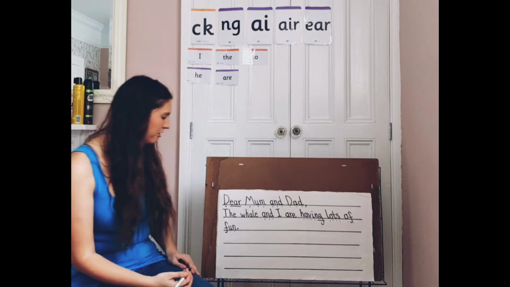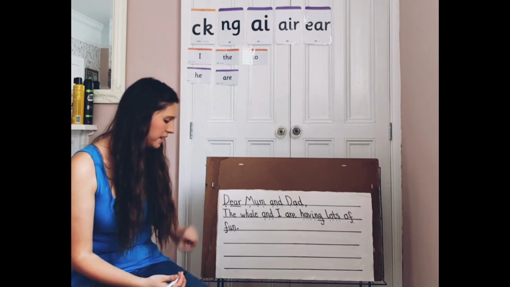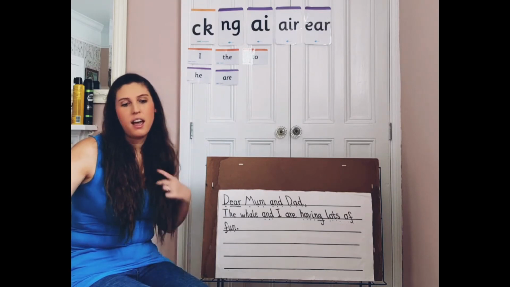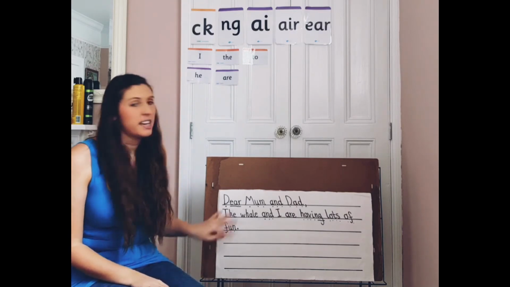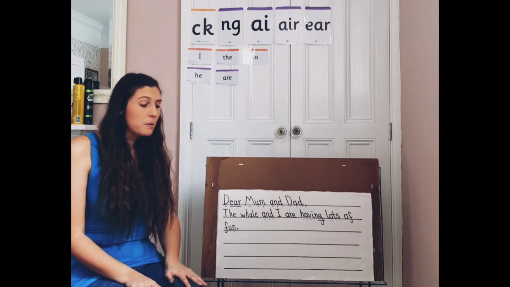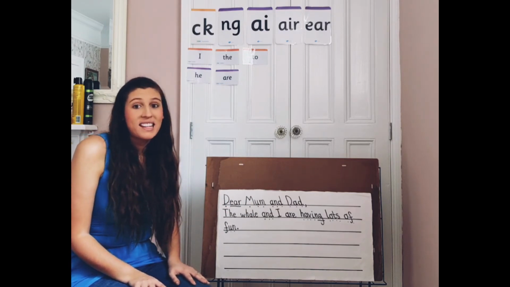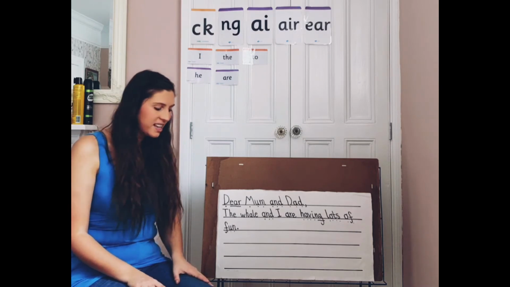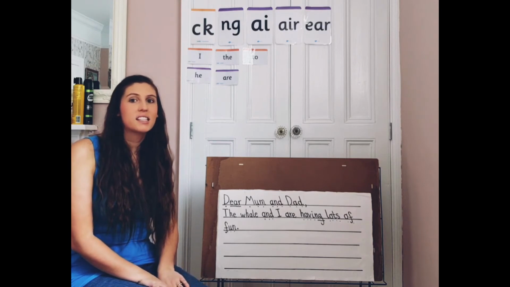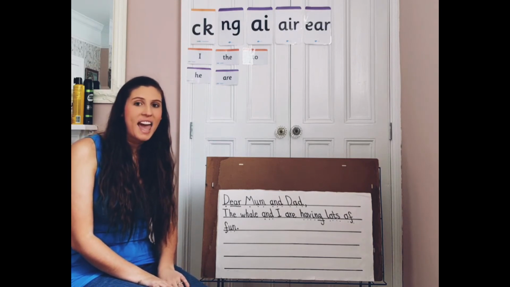Okay, right, so we've done 2 sentences here. We're going to write another sentence. So my next sentence, the snail is going to be telling his family. He's going to say, I get to sit on his tail. Okay, let's say it again. I get to sit on his tail.